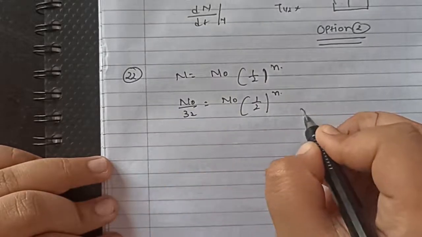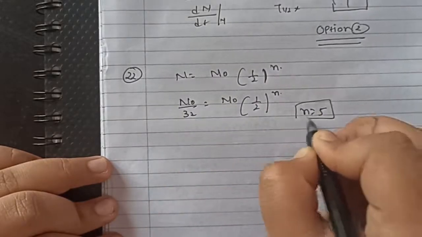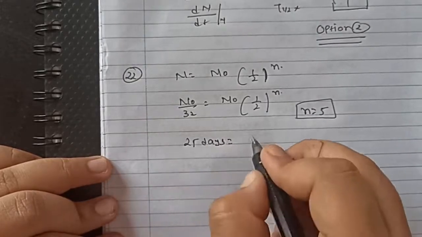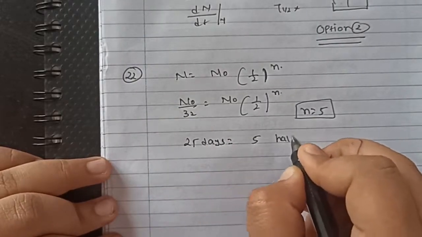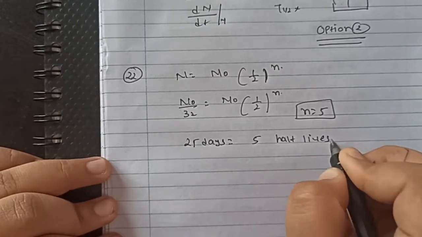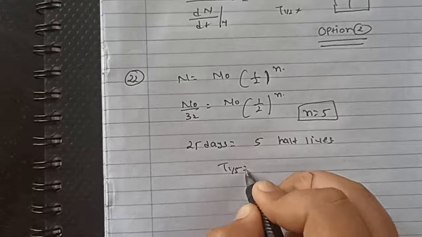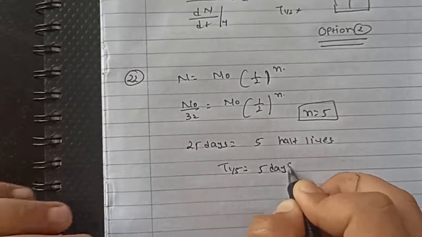From this we will get n is equal to 5. That means 25 days is equal to 5 half-lives. So 1 half-life is equal to 5 days.